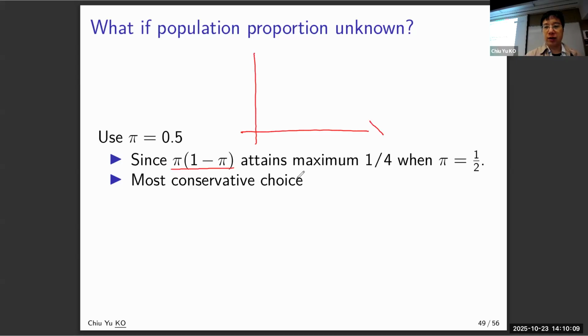If this is X and this is Y, try to plot what this graph looks like. When X is 0, Y is 0. When X is 1, Y is 1. And you know this is quadratic.